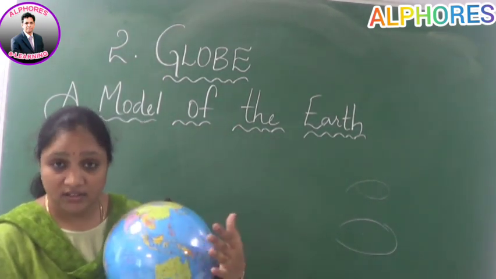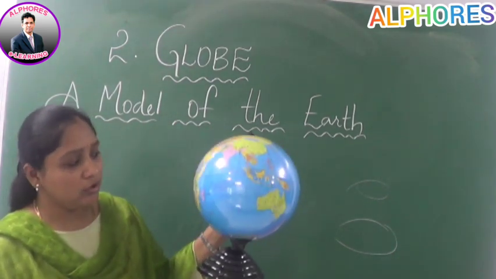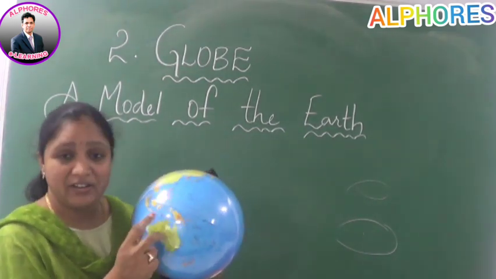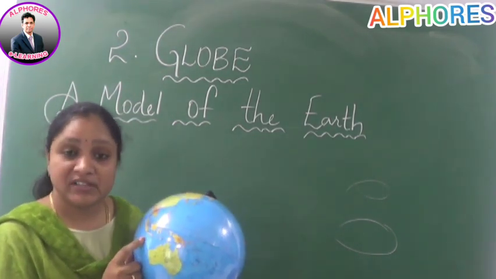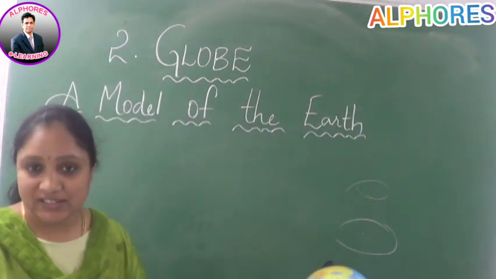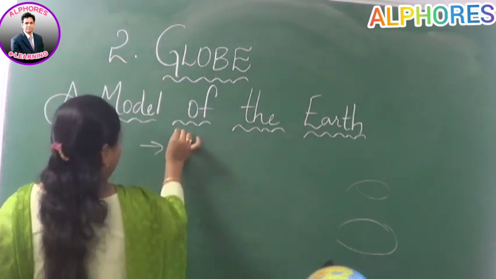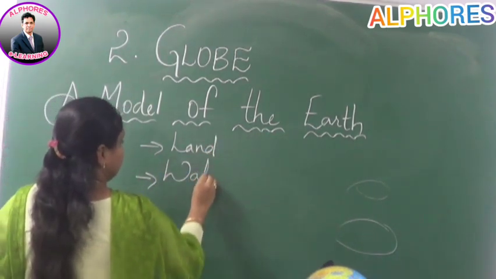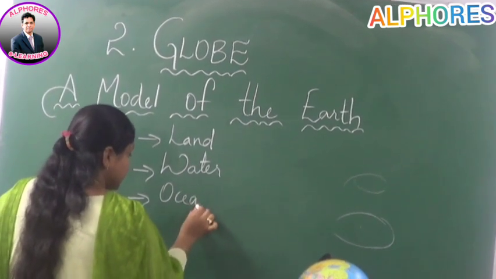And this earth consists of land. When you see the globe, or the planet earth, you can find it is mostly blue in color. This blue color represents water. Now let us write what this earth consists of. This earth consists of land, water, and oceans, which are included in this.